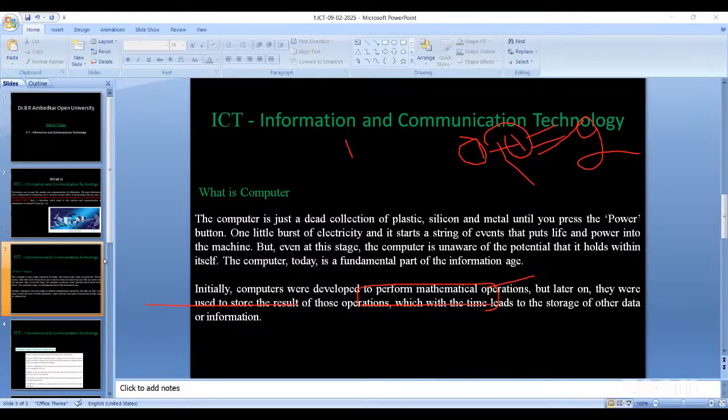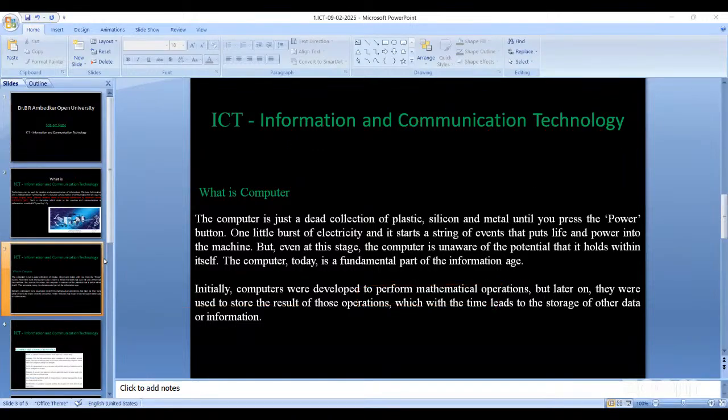Here we simply performed 1 plus 1, which is one operation. You can perform 1 minus 1, that is one operation. You can perform 2 into 1, that is an operation. For these kinds of operations, computers were developed initially. So that is the purpose.